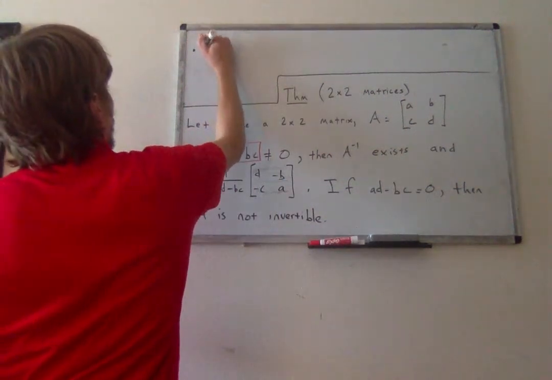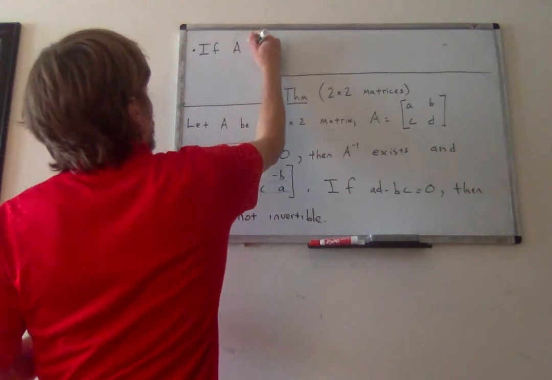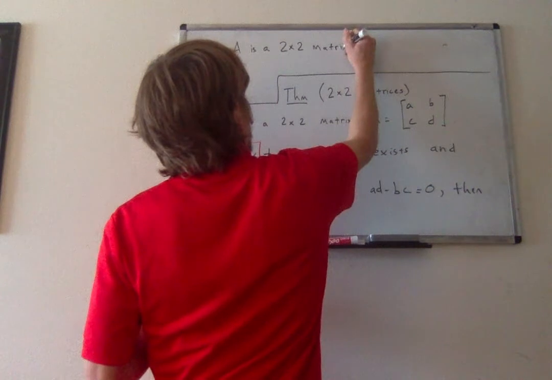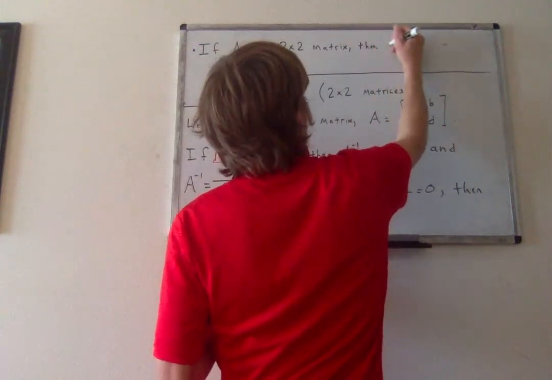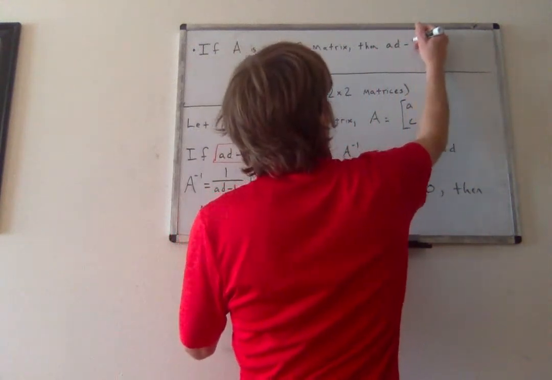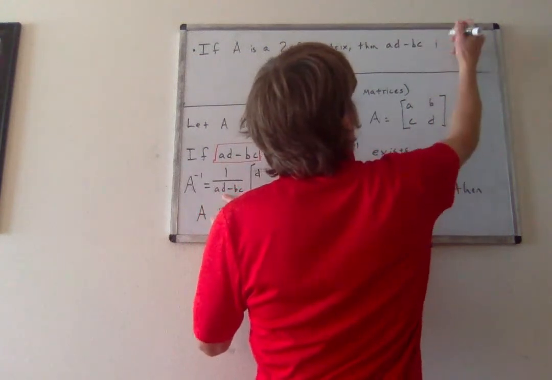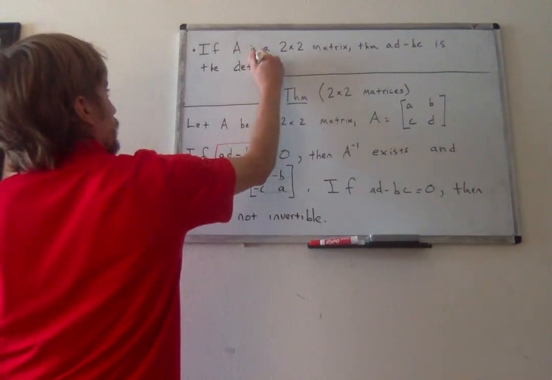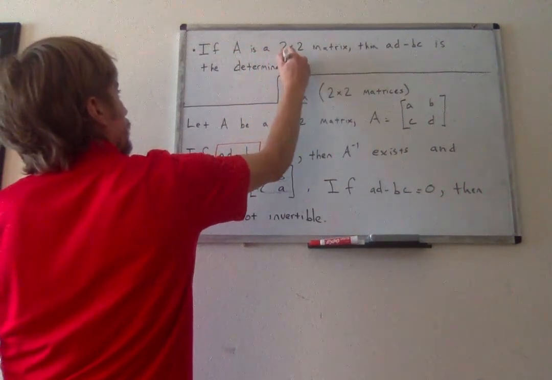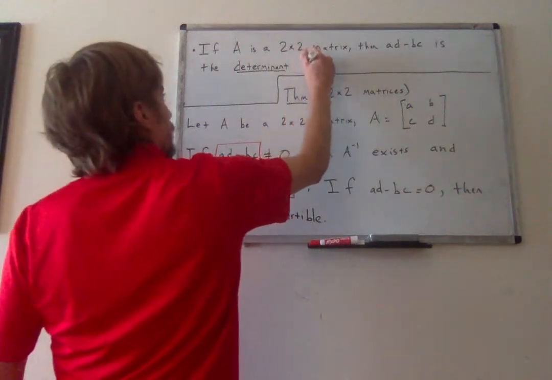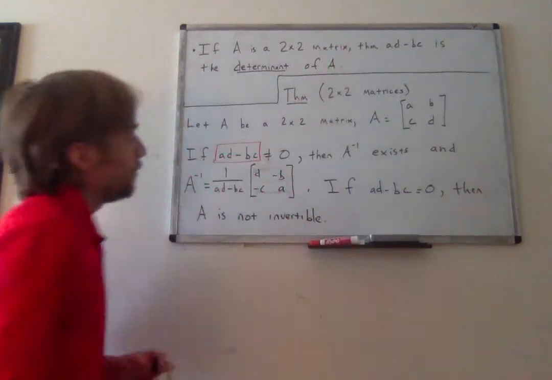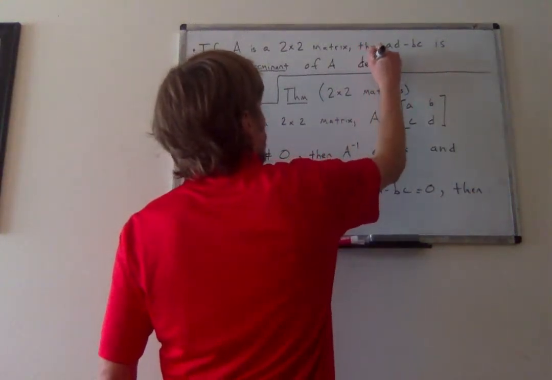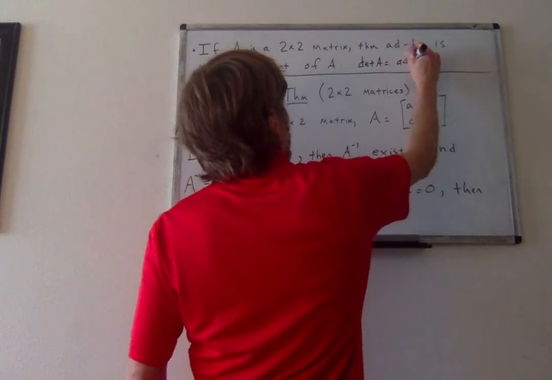So if A is a 2 by 2 matrix, then AD minus BC is the determinant of A. And so we'll sometimes write DET A is equal to AD minus BC.